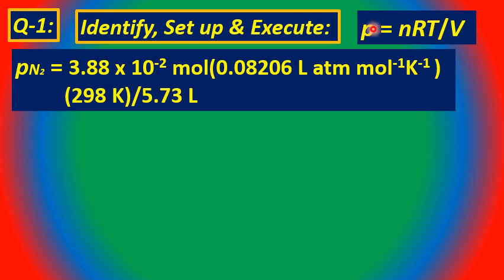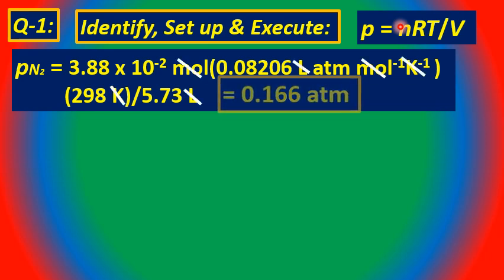That's the equivalent of 25 degrees Celsius given in the problem. Then the product is to be divided by the given volume of 5.73 liters. So doing our math, we find the partial pressure of the nitrogen gas equal to 0.166 atmospheres.